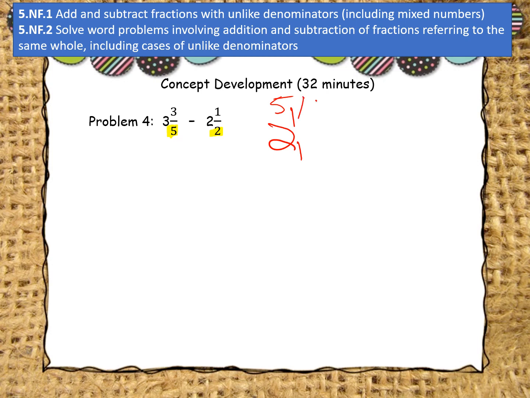So for 5: 5, 10, 15, 20, and so on. And then for 2, you have 2, 4, 6, 8, 10. So you want to try and figure out what is the least common multiple here. And the one that I see that is showing up looks like 10.